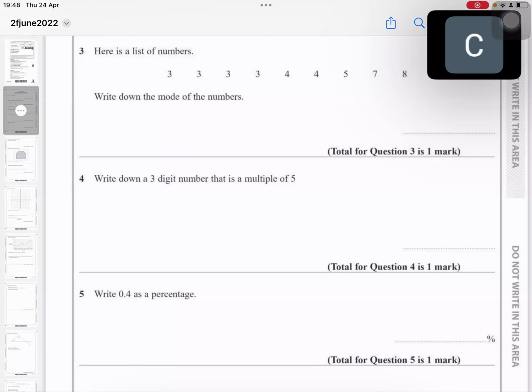And then 625 is 5 times 125. So both of them are 3-digit numbers that are multiples of 5. Did you get what the question was all about? Yeah. Okay. All right. So we can move on, right? Oh yes.